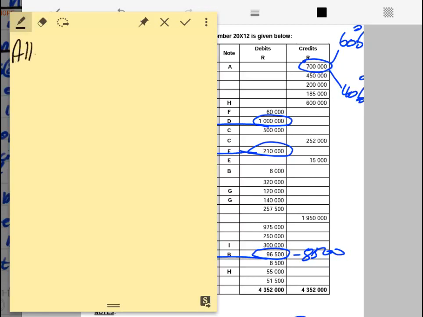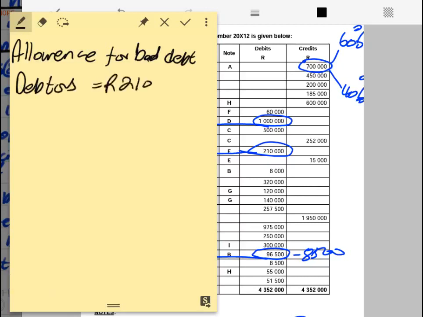So now when we calculate our allowance for credit loss, allowance for bad debts, our allowance for bad debts will be our debtors, and our debtors are 210,000 rands minus debts written off, and the debts that were written off amounted to 10,000 rands.